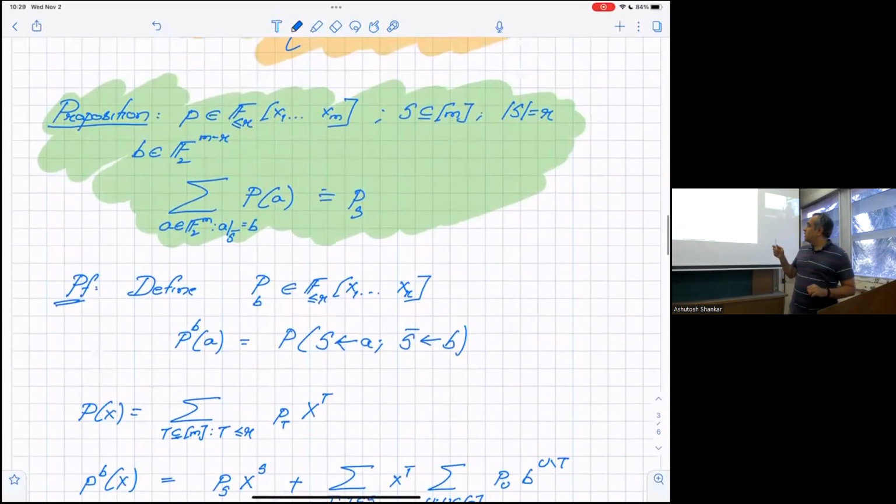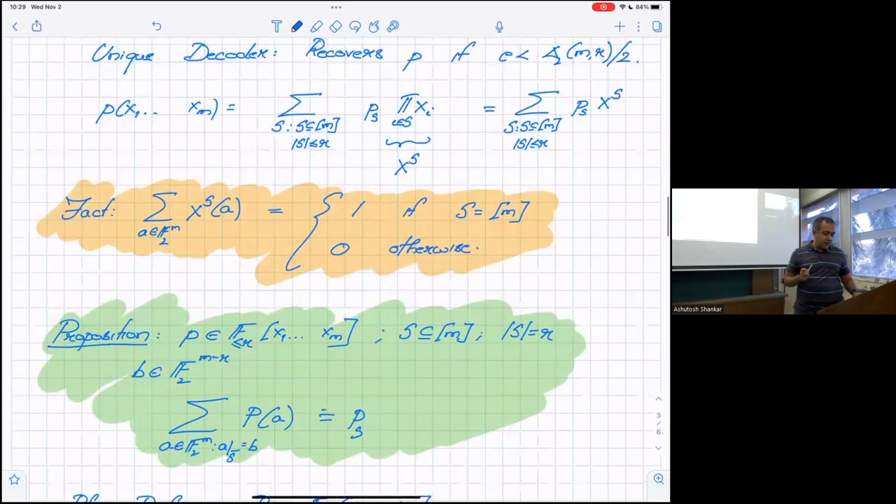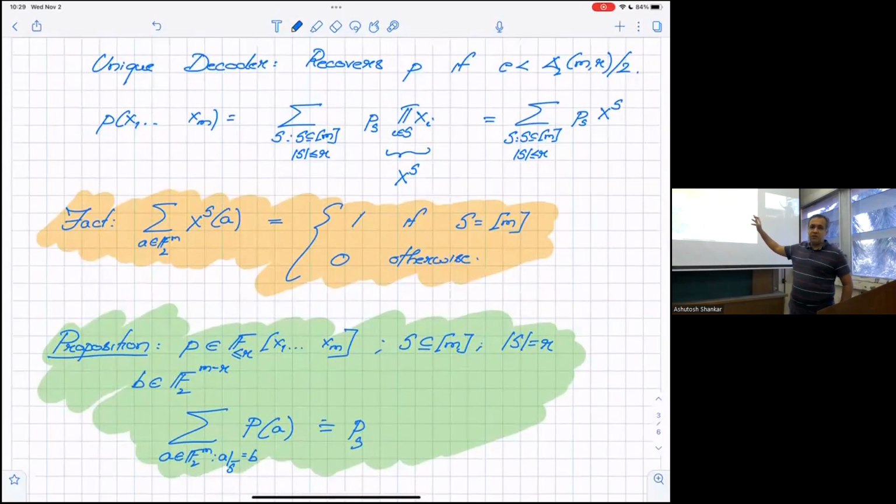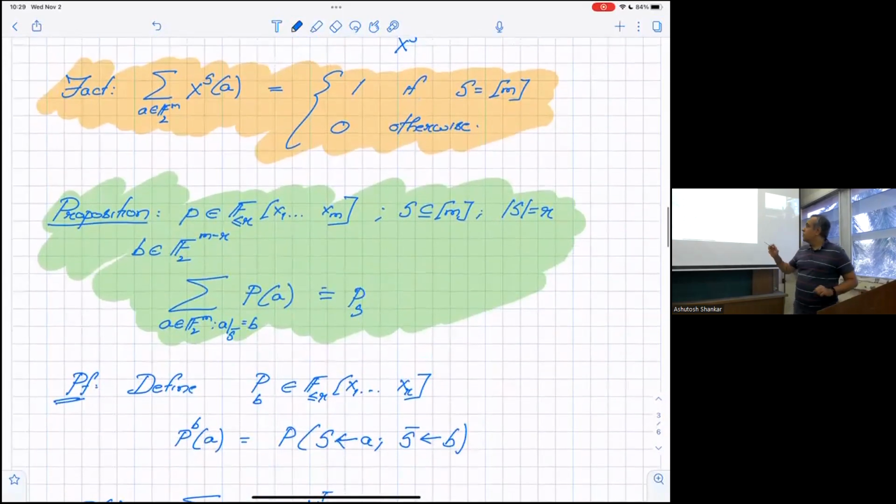When you're looking at an R-variate polynomial, there's exactly one monomial of degree R, which is the full monomial. That's no longer true even at GF3. There are several monomials of the full degree R. You'll have this complication, so it won't come out very nicely.